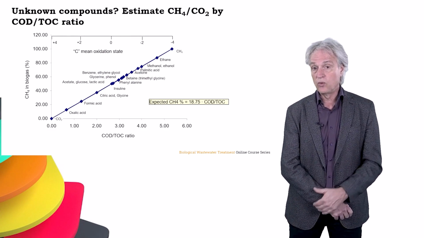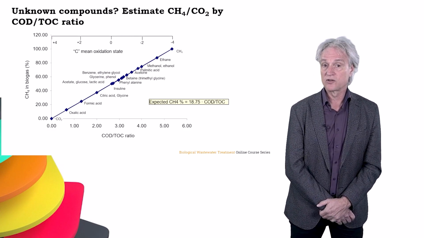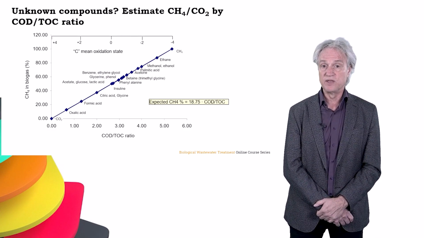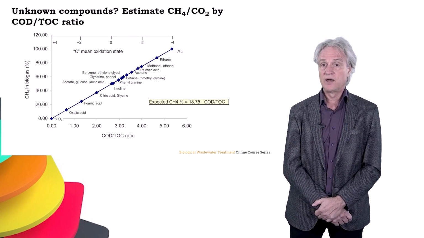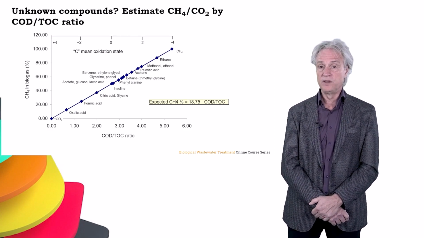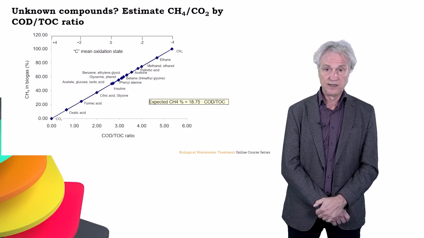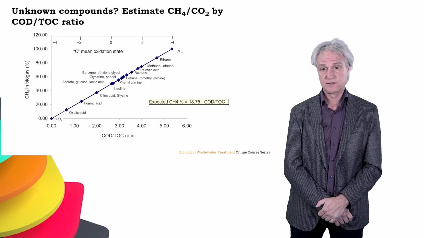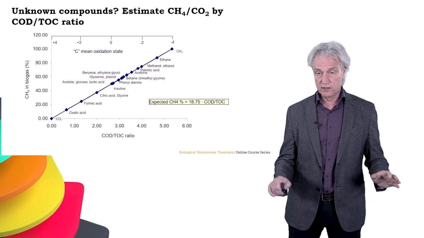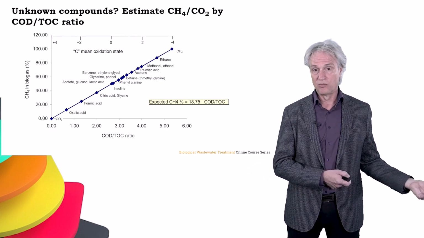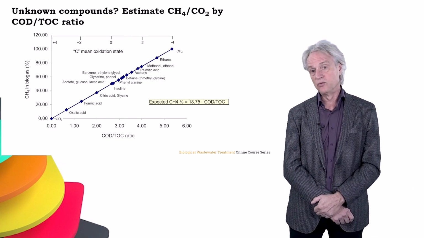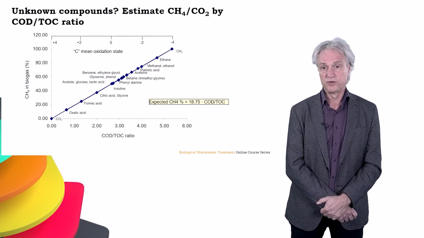And this is of course related to the average oxidation state, to the carbon mean oxidation state, which is +4 for CO2 and -4 for methane, which is indicated at the top x-axis. All the organic compounds that we know are on this line, from 0 to the top right, to the production of methane.